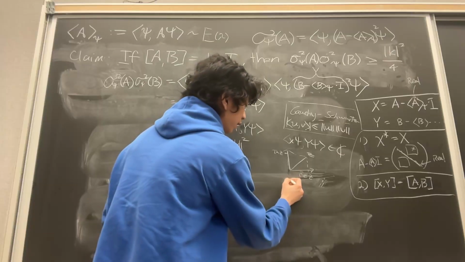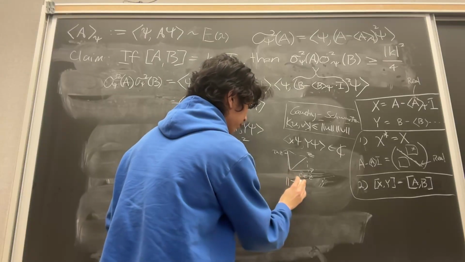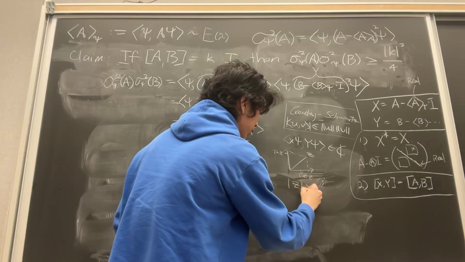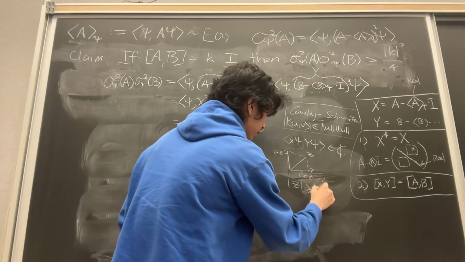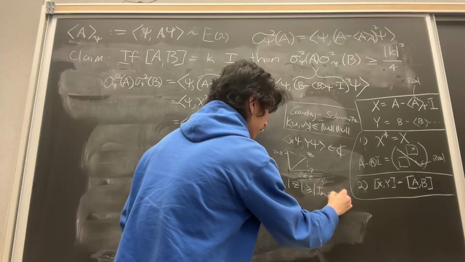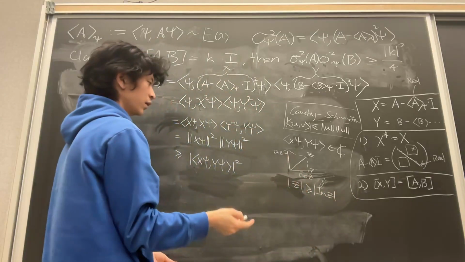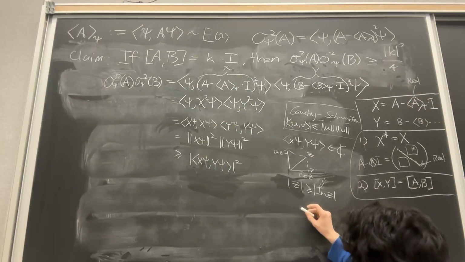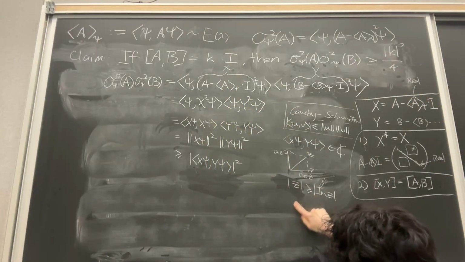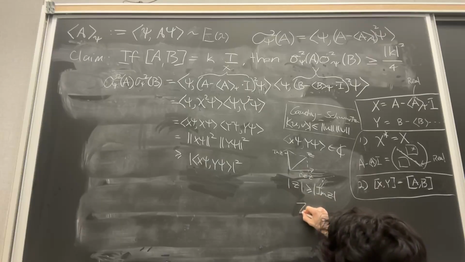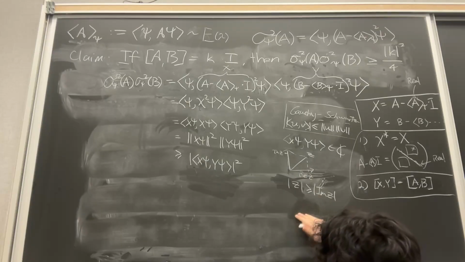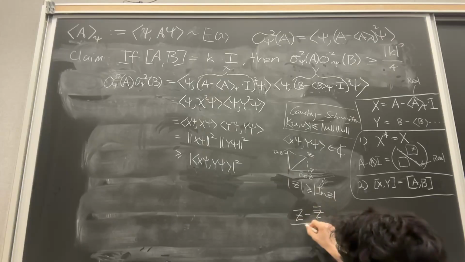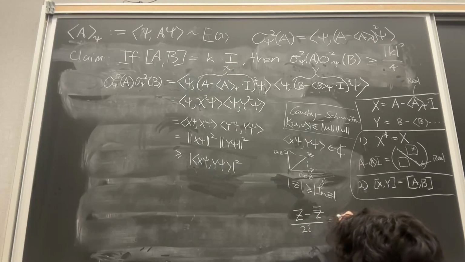So the magnitude of z is larger or equal than the magnitude of the imaginary part of z, right? And then a nice formula for writing the imaginary part would be (z minus z bar) over 2i.